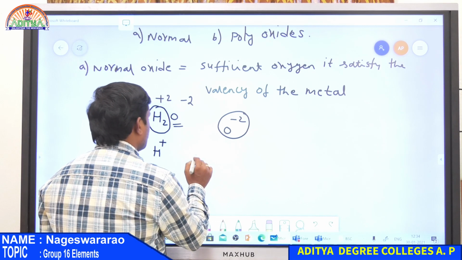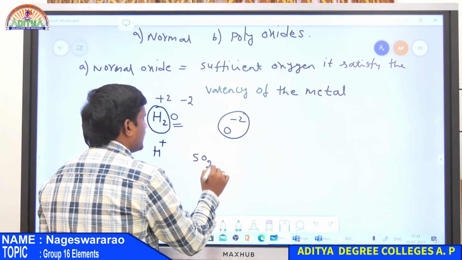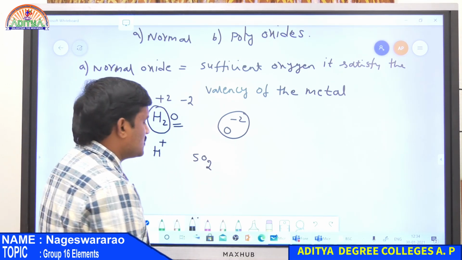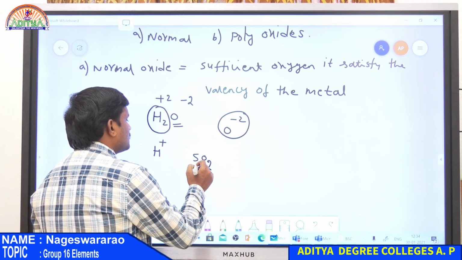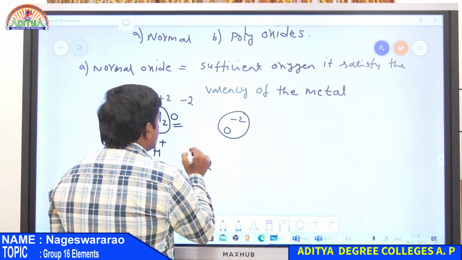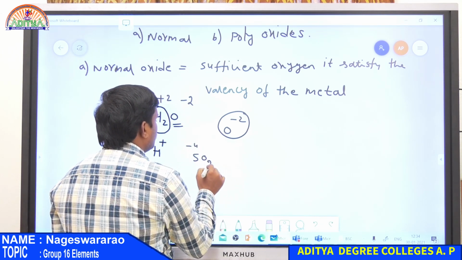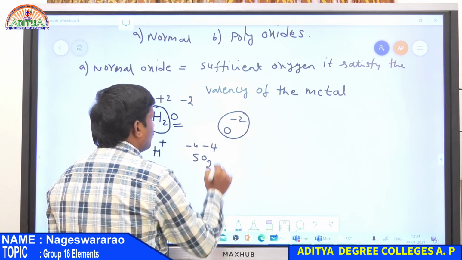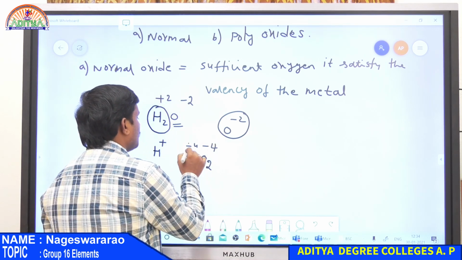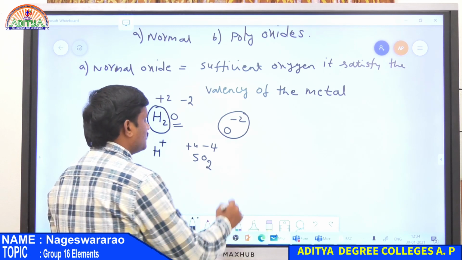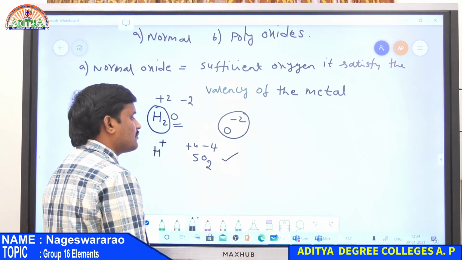And SO2, sulfur dioxide. Here sulfur is in the +4 state and oxygen is in the -4 state, so +4 and -4. Therefore it is also a normal oxide.